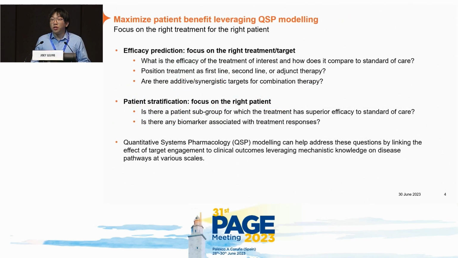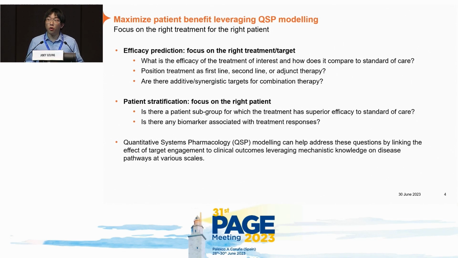So the goal of our QSP modeling, and of any kind of pharmacometric modeling, is ultimately to improve patient outcomes, and we try to do this by focusing on the right treatment for the right patient. We can do this in two broad ways.